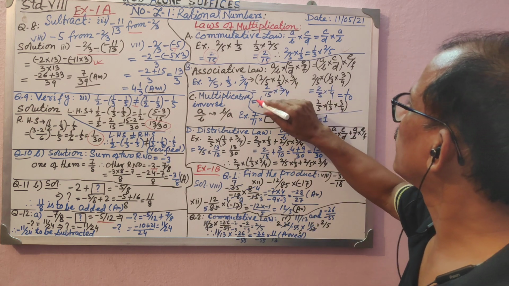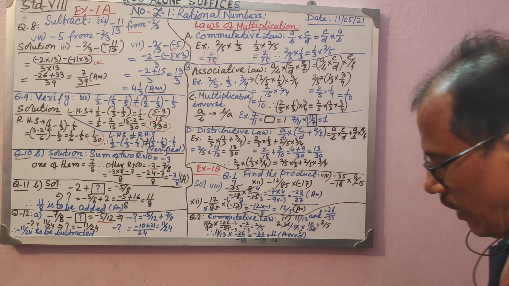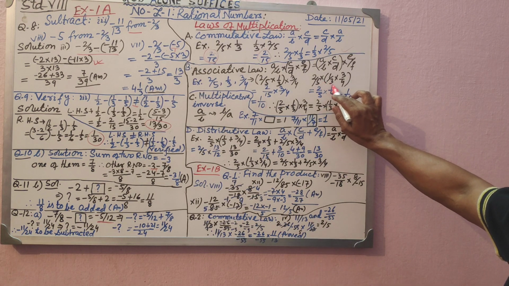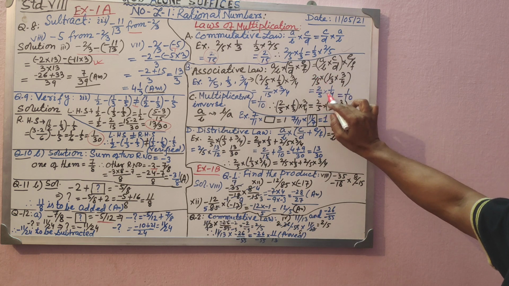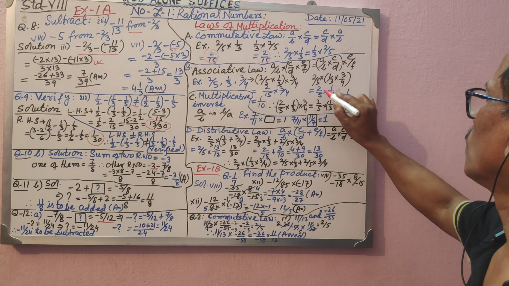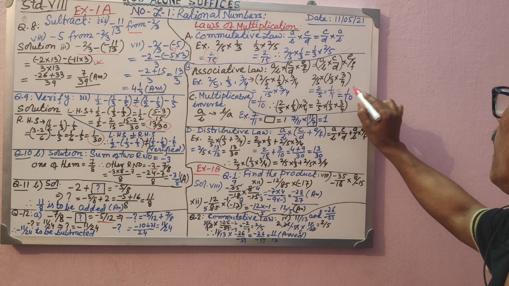Okay, now let us see what value comes for the other side. This first multiplication, 2 by 5 into 1 by 3, is 2 by 15. Then 2 by 15 into 3 by 4 will be 1 by 10, because 3 will be cancelled and 2 and 4 will be cancelled, leaving 2 fives are 10. So 1 by 10.